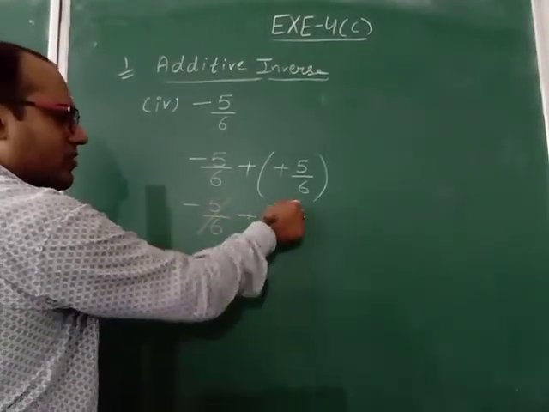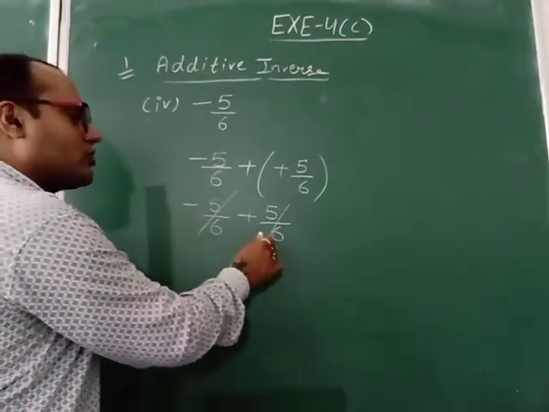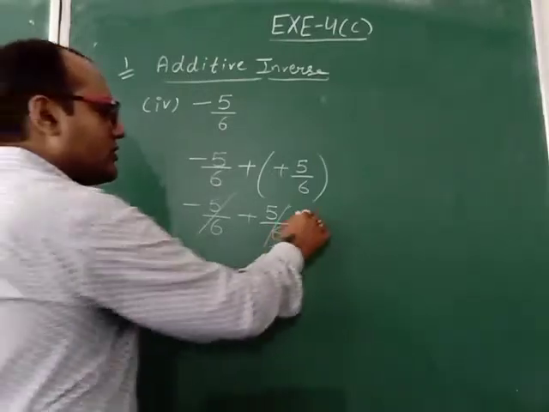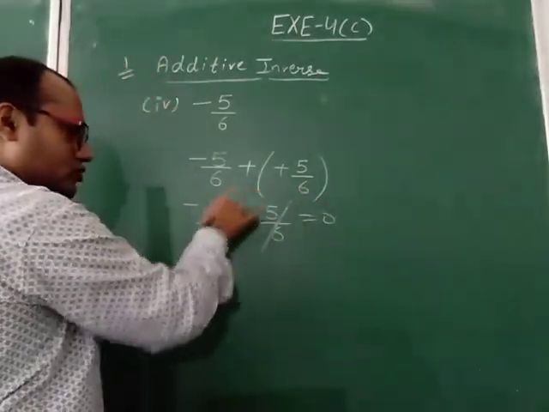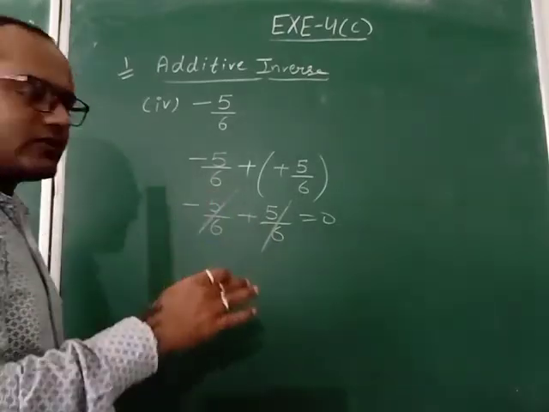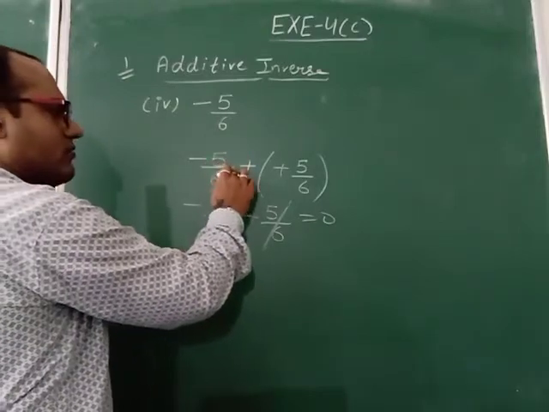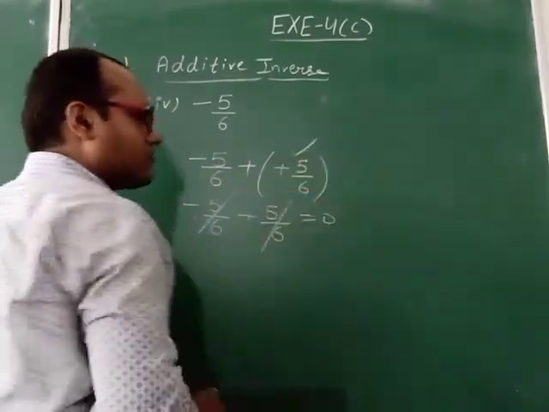Plus and minus is minus, so when we subtract these two numbers, the answer will be 0. That's why I cancelled these two. Positive 5 upon 6 and negative 5 upon 6 get cancelled. So the answer is 0.